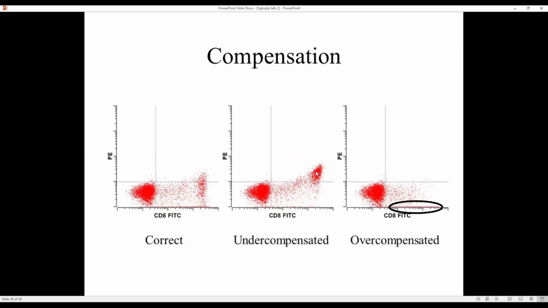If you check, the MFI for this population will be more compared to this population, which means it is undercompensated. And you see here, this is over-enthusiastic compensation, where the MFI for the FITC positive population is lower compared to the FITC negative population, which is called overcompensation. So again, these two are not adequate. This is fairly good.